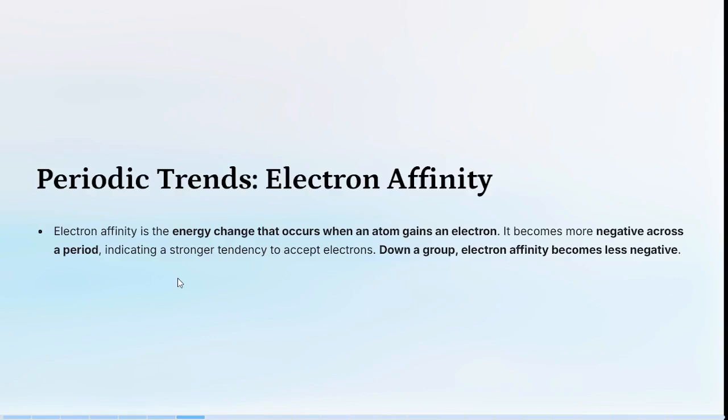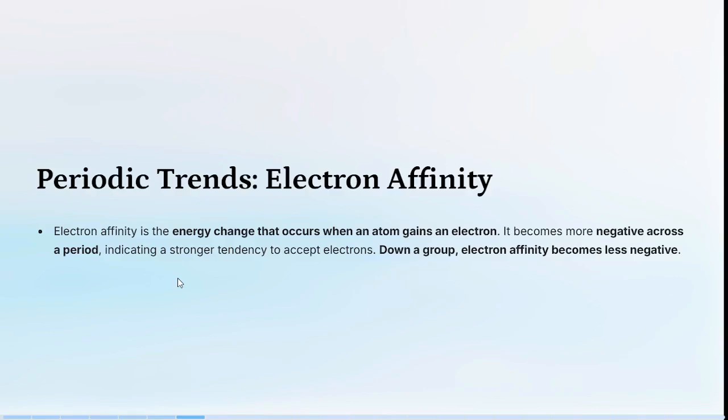Down each group, the electron affinity becomes less negative, because the energy required to pull an electron becomes stronger. You need more energy to pull an electron from that distance.